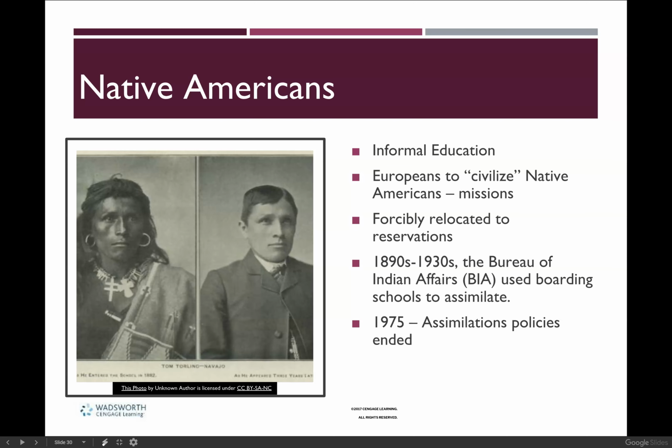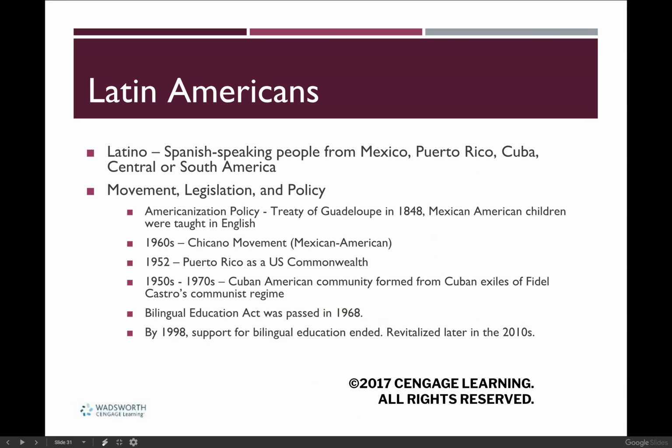It wasn't until 1975, after the African American civil rights movements of the 1960s, that assimilation policies ended for Native Americans. So there is the Native American perspective.